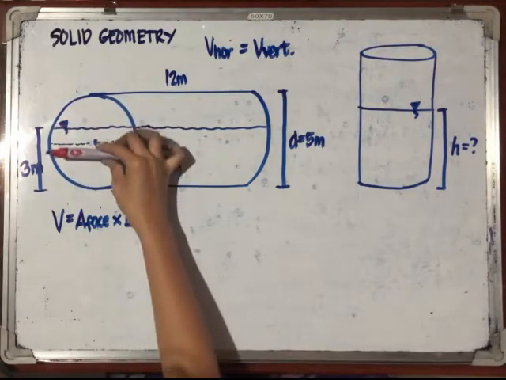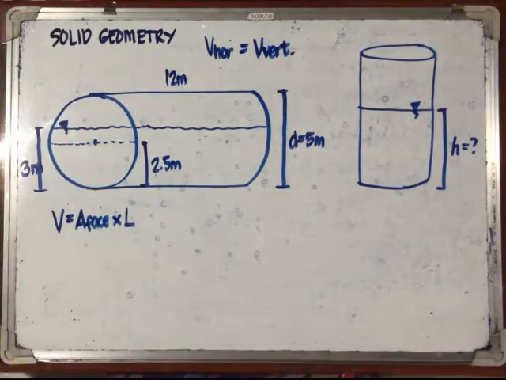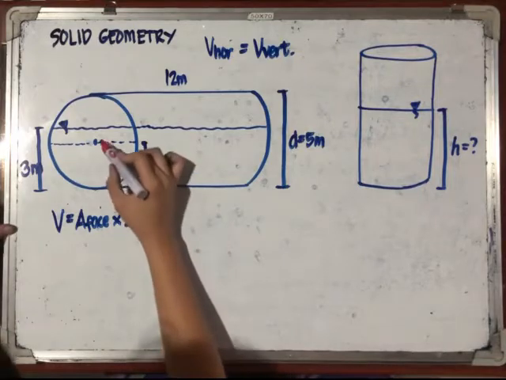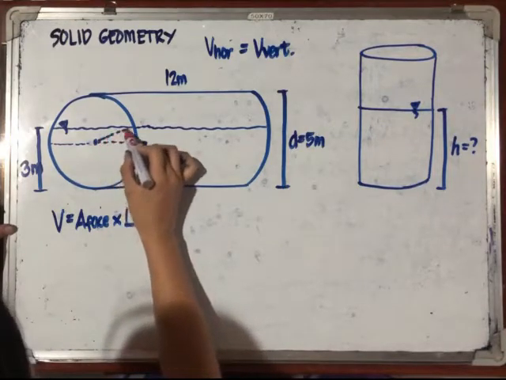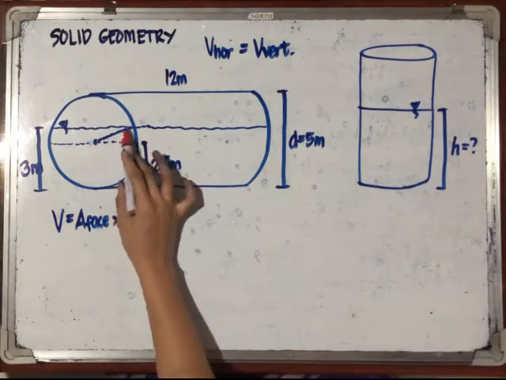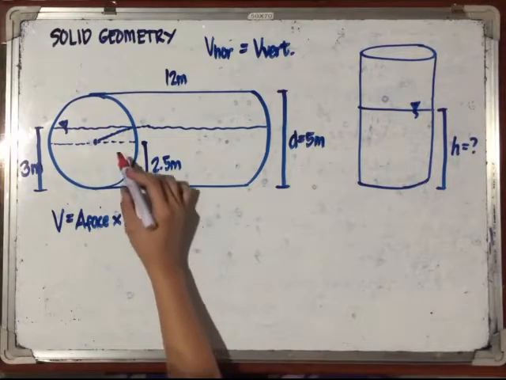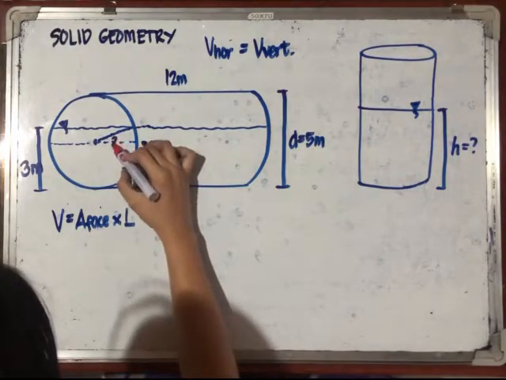So, from this portion here, downward. Okay? How are we going to do that one? To approach this problem, you need to draw this line here. Okay? Is it right to say that this is equal to 2.5 as the radius? Yes. Right? So, that would be 2.5.